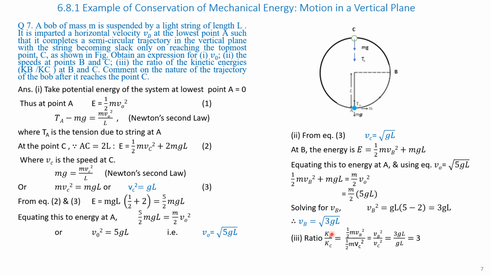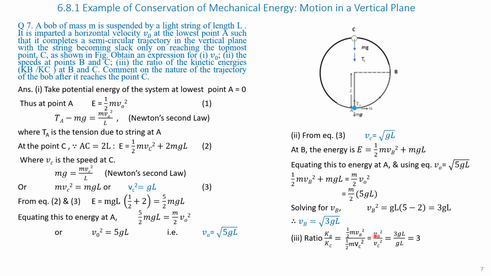Now, to find the ratio of KB to KC, we divide the energies, half m Vb square divided by half m Vc square. So we are taking the ratio of only kinetic energy. Half m in the numerator and denominator get cancelled.